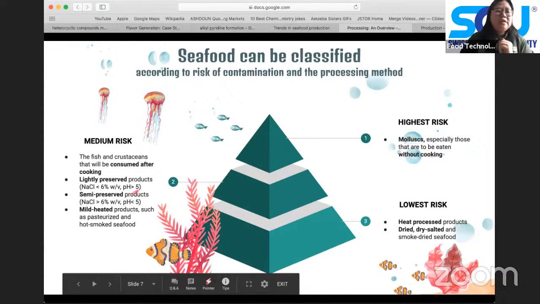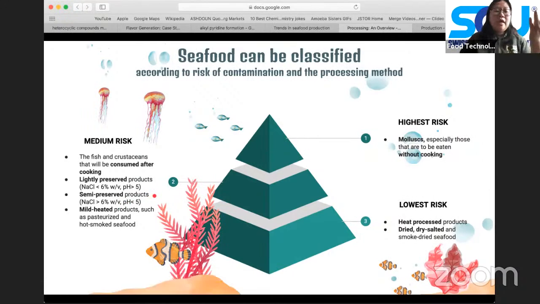The semi-preserved product has a higher salt content than the lightly preserved. The salt content should be above 6%, and the pH should be lower than 5. And then in the fifth group, you have a mild heated product, like pasteurized seafood and hot smoked seafood.